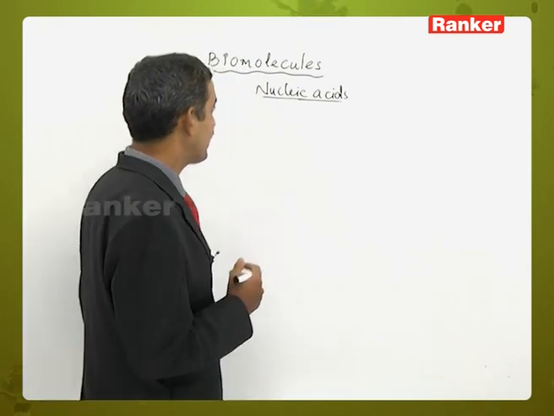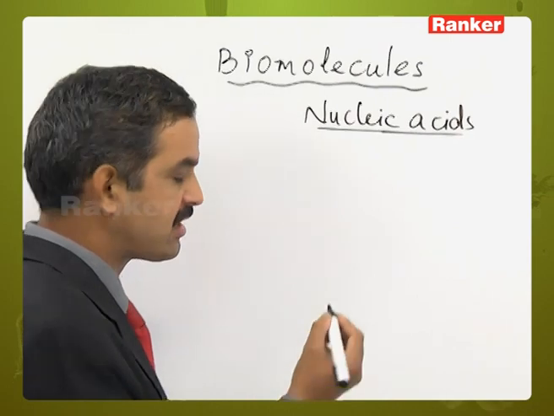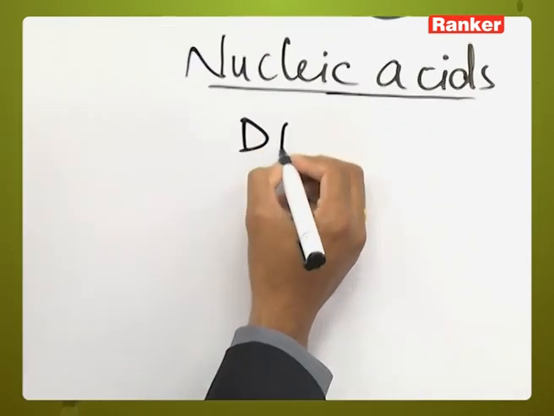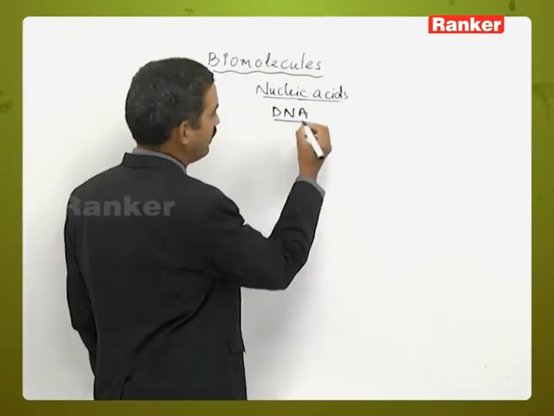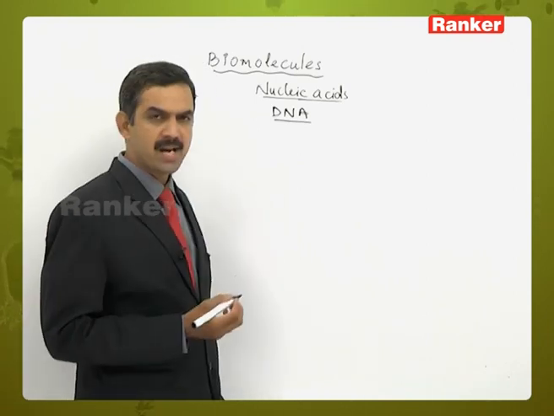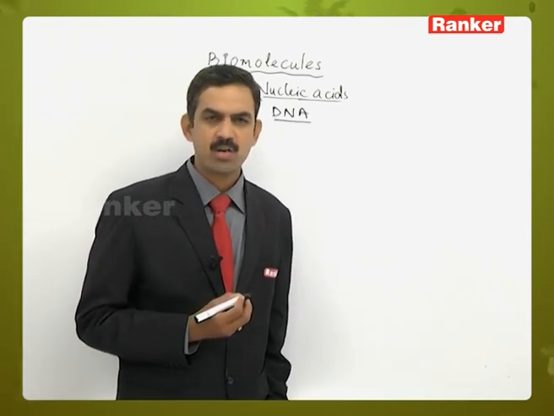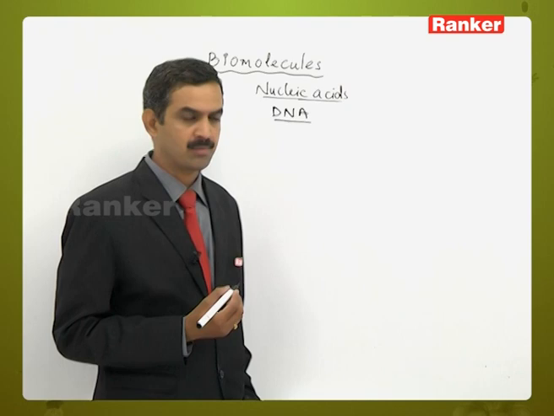So as we said, nucleic acids are of 2 types, DNA and RNA. Let's start with the first one, DNA. Deoxyribonucleic acid. This is acting as a genetic material in the majority of living organisms, both prokaryotic and eukaryotic.